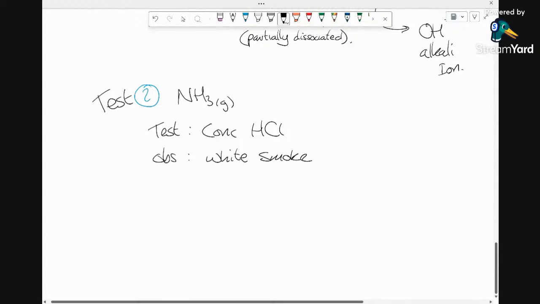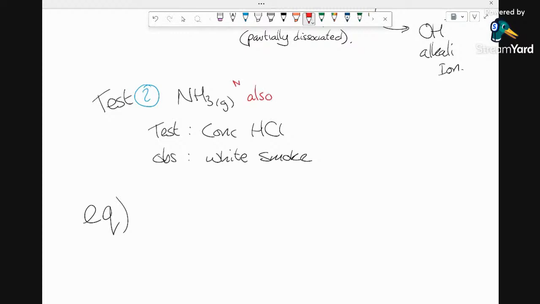Love the overlap. Now, this is test 2 for ammonia, but also we pick up a little baby nota bene here. Also a test for HCl gas, which is ammonia.